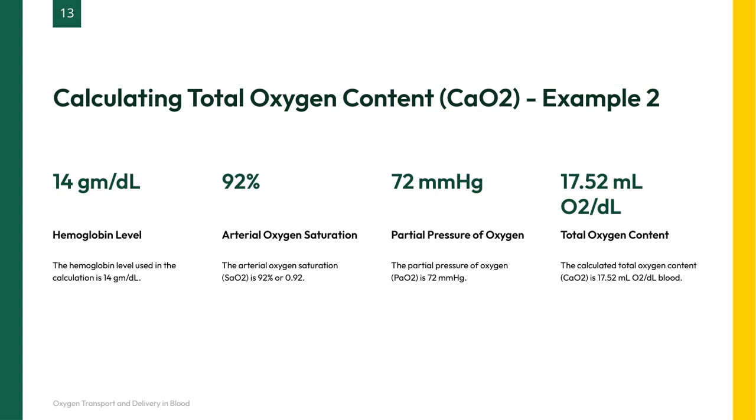Hemoglobin concentration plays a crucial role because it determines how much oxygen can be transported overall. Putting it all together, these values help us understand how oxygen is transported and delivered through the blood, reinforcing the importance of each component, partial pressure, saturation, and hemoglobin level, in maintaining effective oxygenation of the tissues.